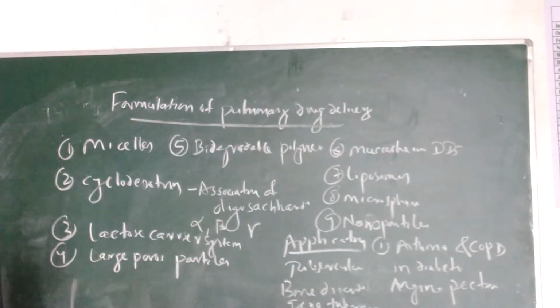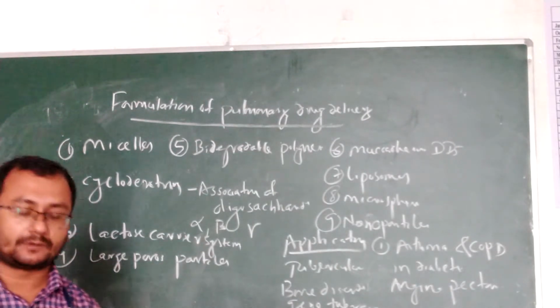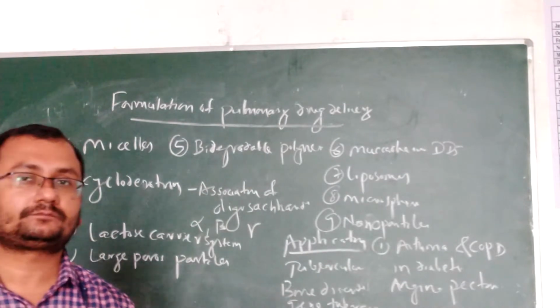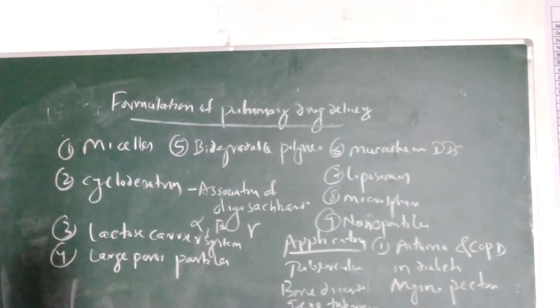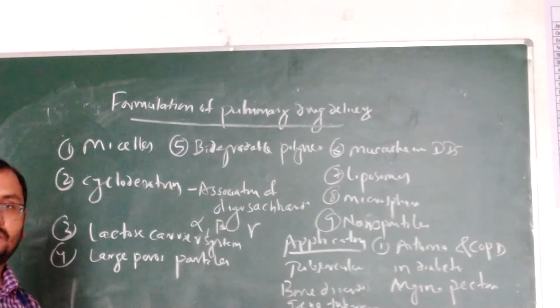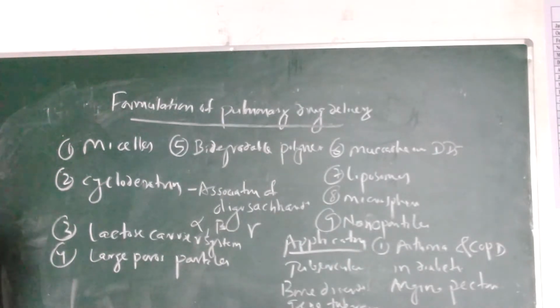So good morning, students. In this, we are going to discuss the formulation of the pulmonary drug delivery system. There are different types of techniques nowadays to formulate this pulmonary or nasopulmonary drug delivery system.